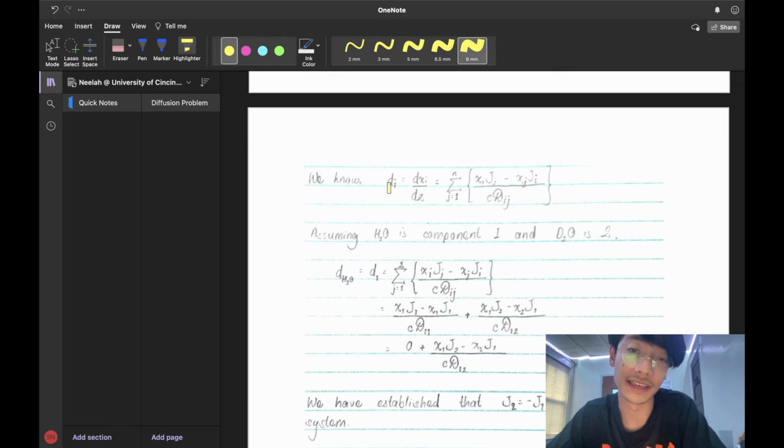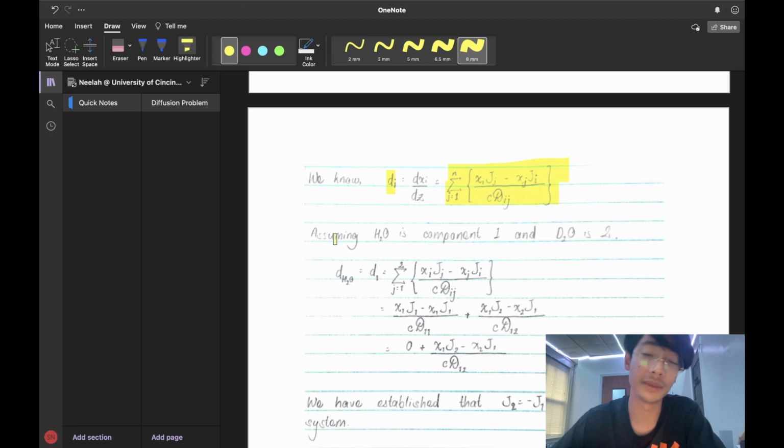We know from the book that the driving force can be calculated by this formula right here, which is equal to the summation of the mole fraction of component I times the diffusion flux of component J minus the mole fraction of component J times the diffusion flux of component I, divided by the total mole concentration times the Stefan-Maxwell diffusion coefficient of component I in component J.